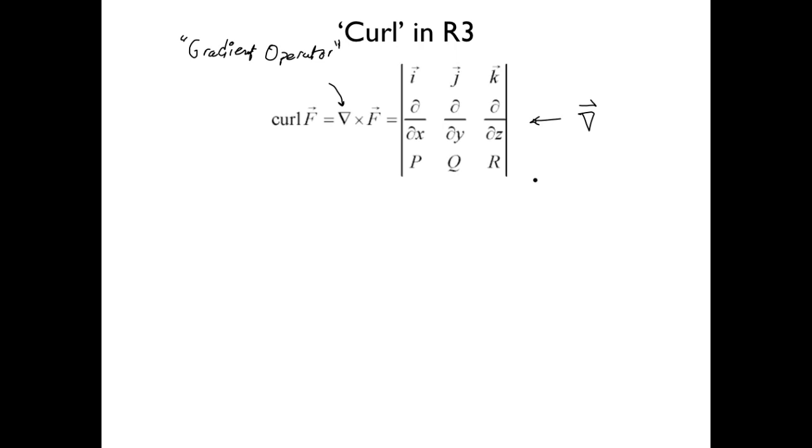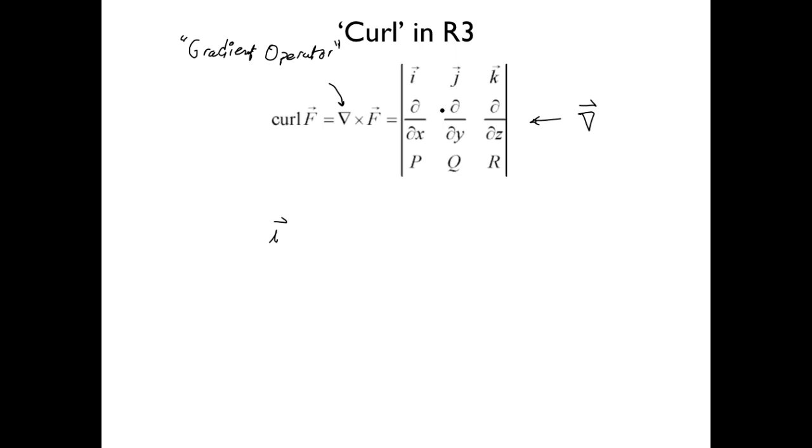And then we follow how we learned to do cross product before, as the determinant of the 3 by 3. Do you remember that? So we follow that algorithm, but instead of doing multiplication, we're thinking about these operating on p, q, and r. So for instance, the i component would be what?